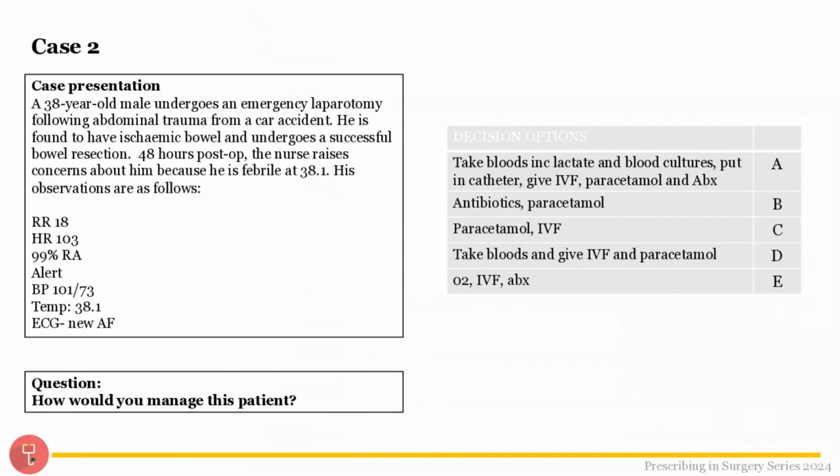So the question for this one is, how would you manage this patient? If you have any thoughts on that, the poll is in the messages in the chat.